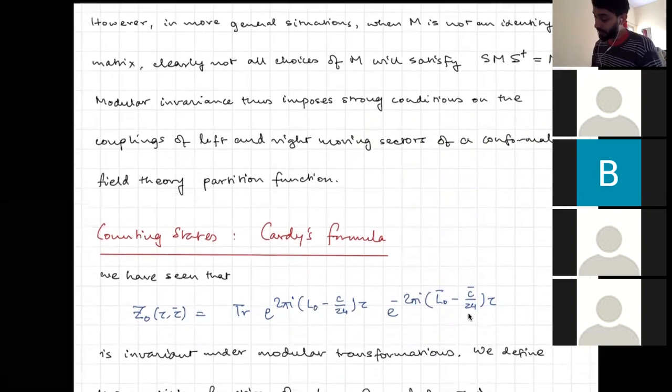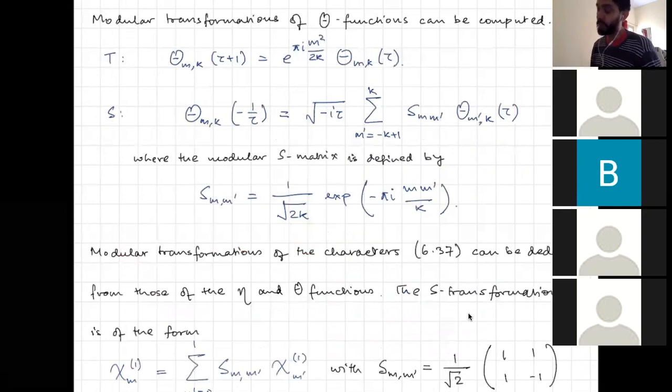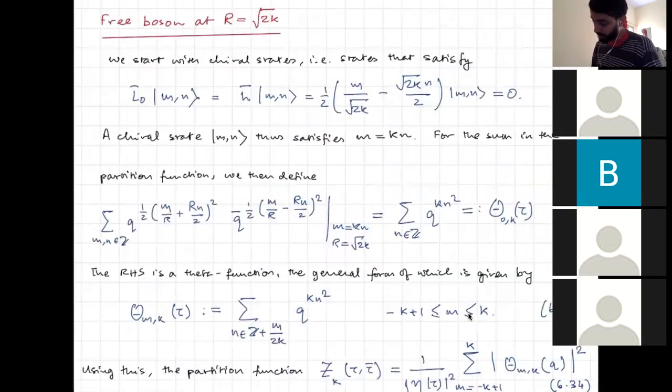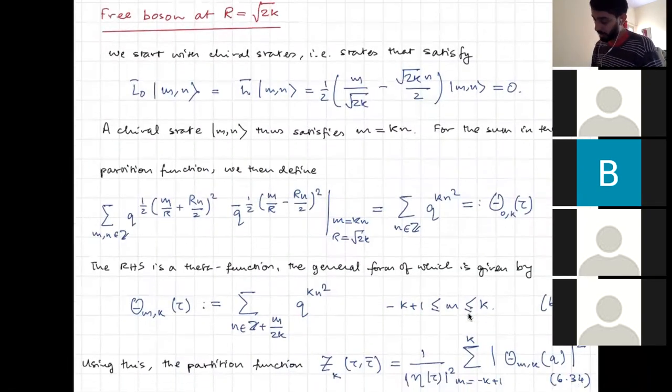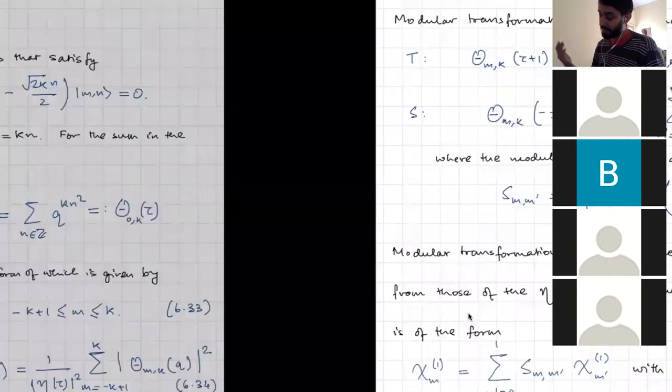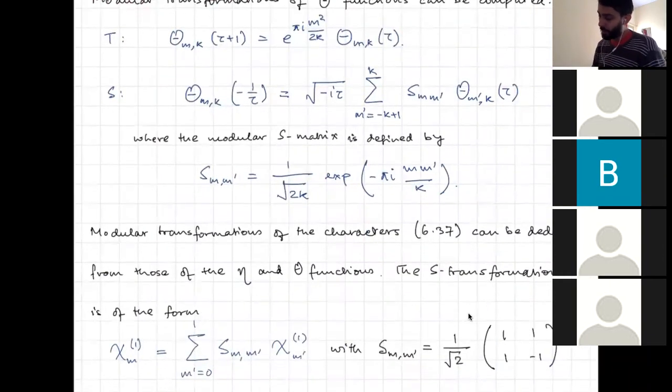Okay. So this is a little bit that I wanted to do, which was supposed to be where I finished out the last class. So that's what I just wanted to say for the free boson in this case. This is a little more advanced stuff, but it is what is called the modular S matrix.